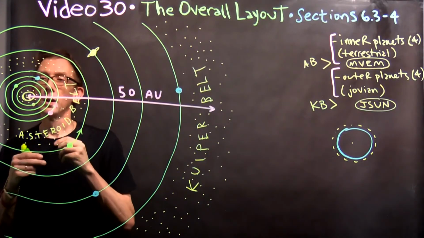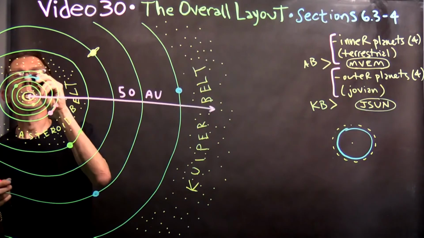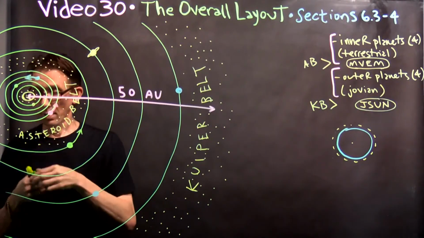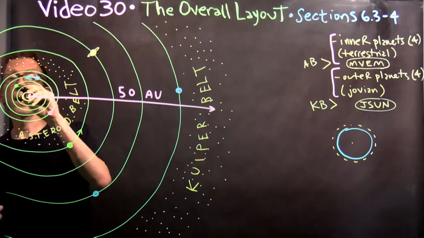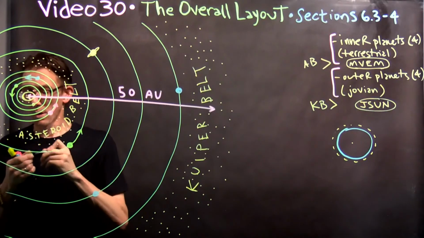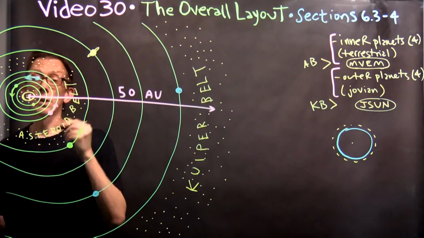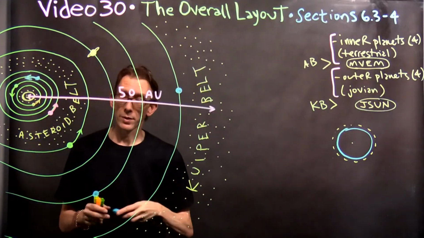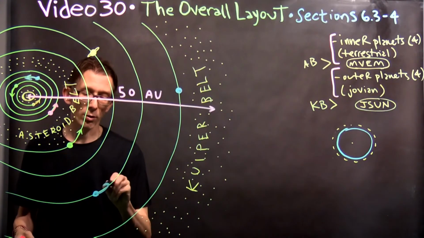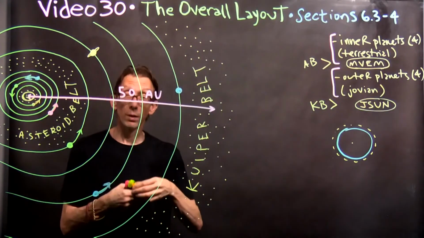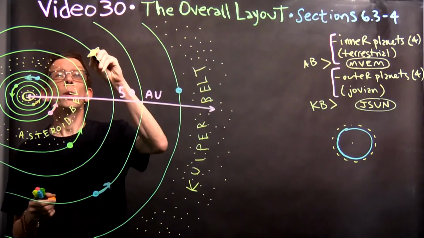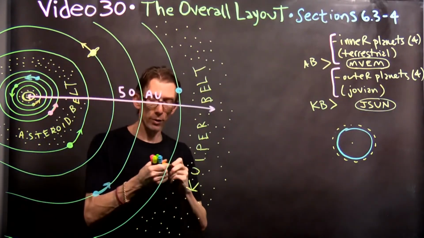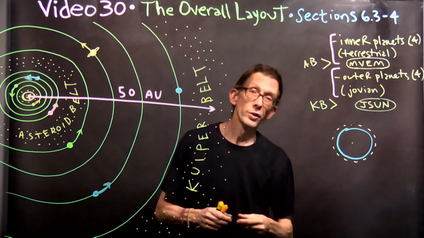Am I actually going to sit here and complete all these arrows? Wait and find out. So they all go in the same sense around the sun, counterclockwise as seen from above the Earth's North Pole and the sun's North Pole. Did you know the sun has a North Pole? It's true, it does.